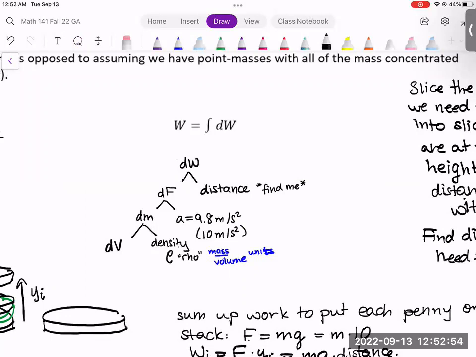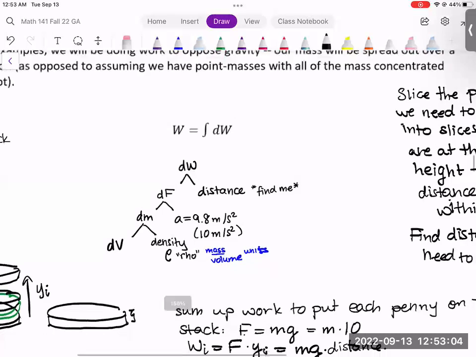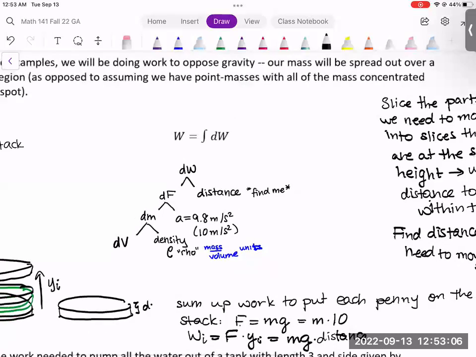Now, when we have something like a penny, one of these slices, there are a couple of dimensions that are small and a couple that are big. A small dimension here is going to be the height, which I'm going to write as dy. And a large dimension is this space, which I'm going to write as A(y), our cross-sectional area.